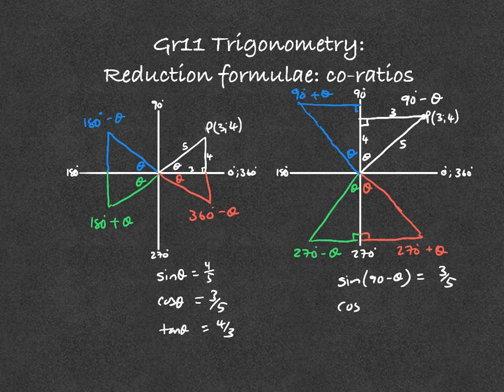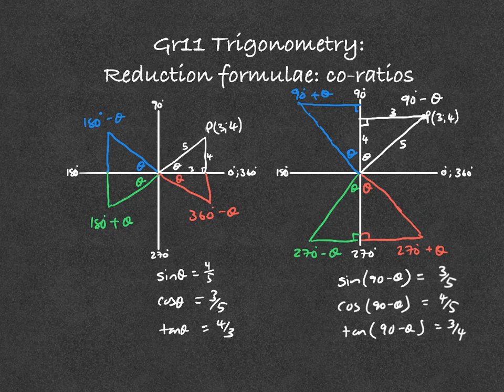And cos of 90 minus theta in that triangle is going to equal 4 over 5. And tan of 90 minus theta is going to equal opposite over adjacent, so 3 over 4. Excellent.